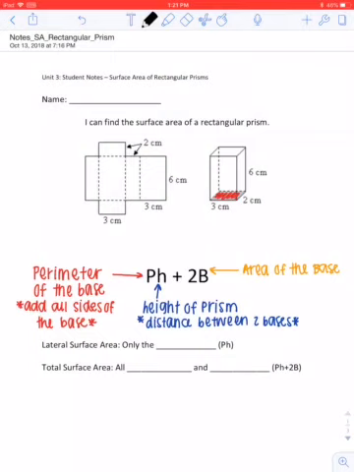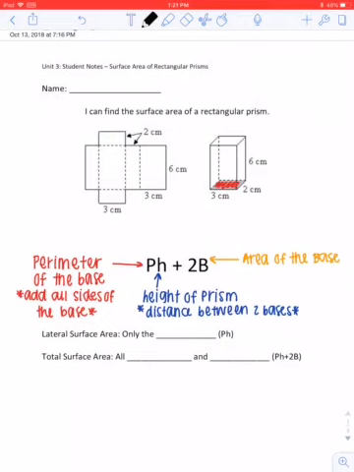There are two kinds of surface area that you will be finding. The first is lateral, and you can think about how they talk about the lateral side of an animal. Lateral surface area means that you would only be finding the sides. So only the sides, and if you want to remind yourself, all caps off to the side, no bases.